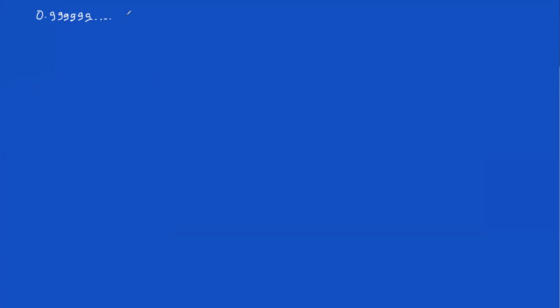See, write 0.9 plus 0.09 plus 0.009 plus 0.0009. Can you write it in this way? And so on. Okay? You know this is what? 9 over 10. This is 9 over 10 square, 9 over 10 cube, and so on, right?